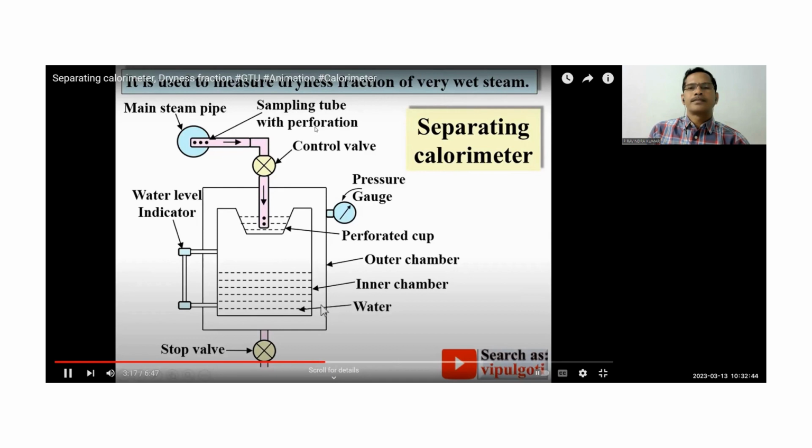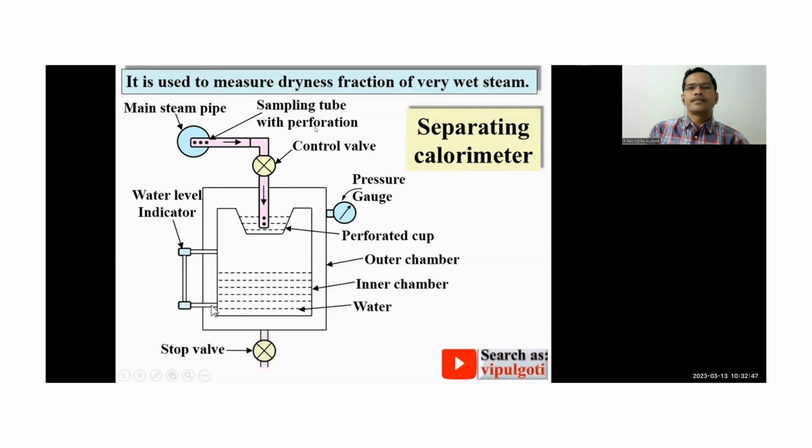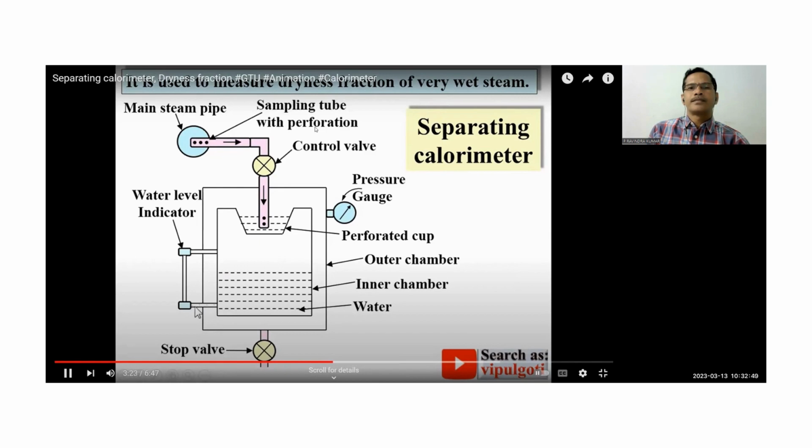So I can write over here water, and this water level is measured with the help of the water level indicator. Whatever the level may be over here, you can see it from the water level indicator. And the steam in the sample is reflected from the perforated cup due to its light density, and it goes through the annular space to the stop valve.